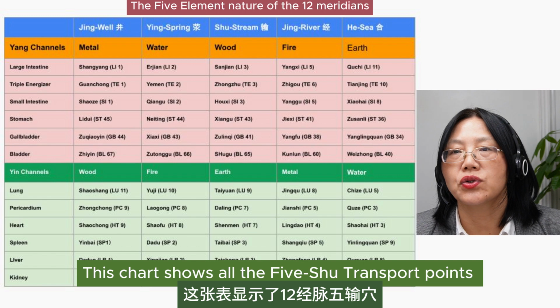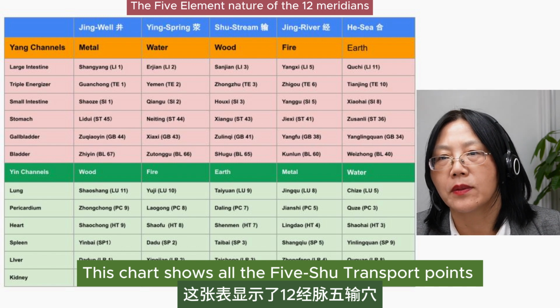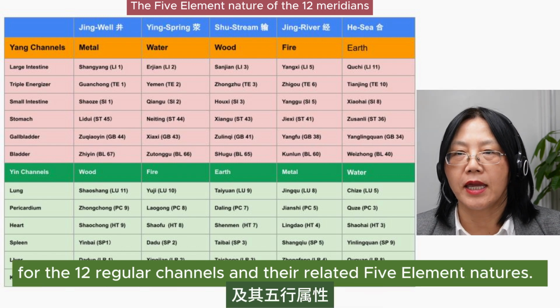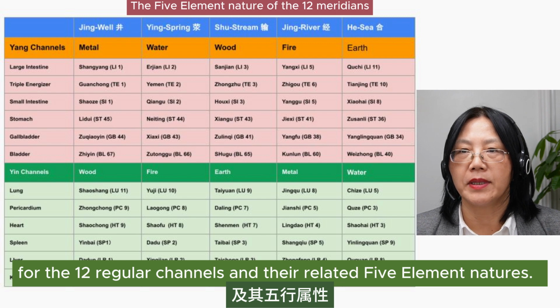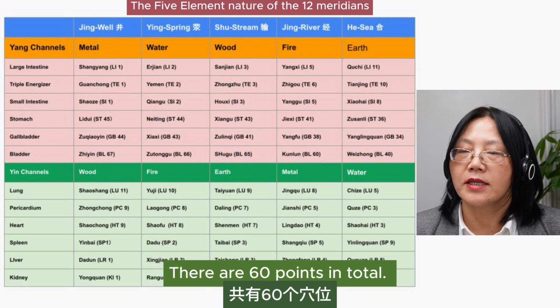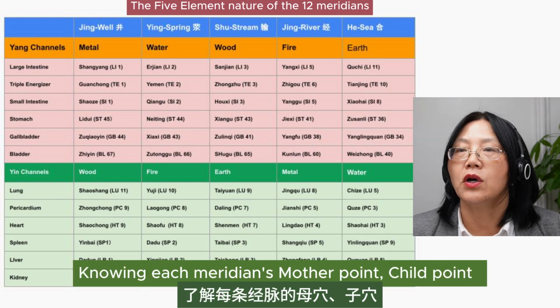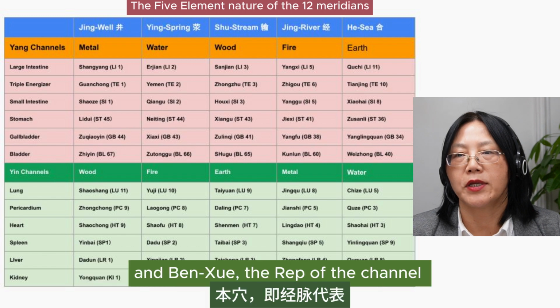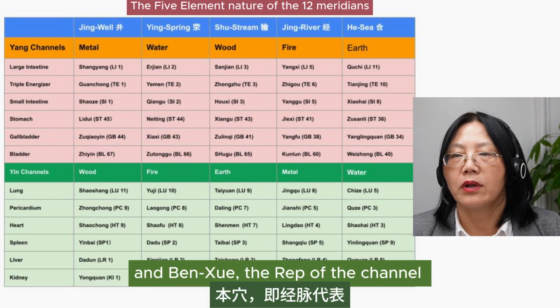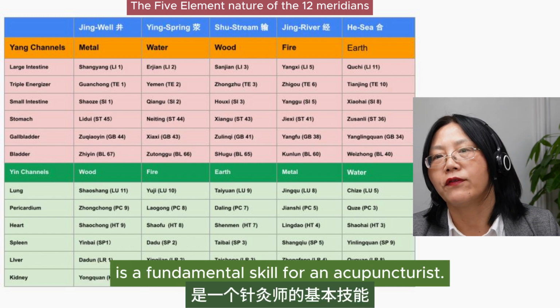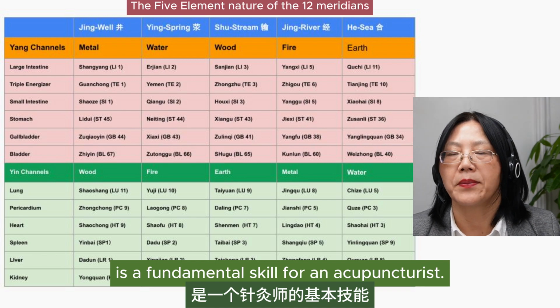This chart shows all the 5 Shu transport points for each meridian and their related 5-element natures. There are 60 points in total. Which one to choose from? Knowing each meridian's mother point, child point, and 本穴, the rep of the channel, is a fundamental skill for an acupuncturist.